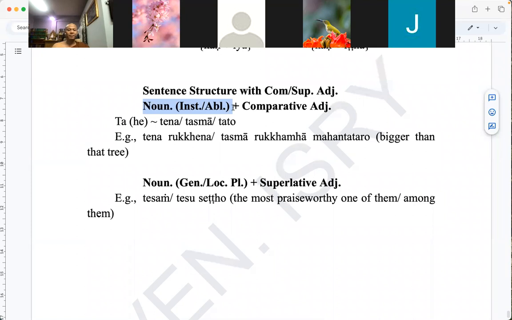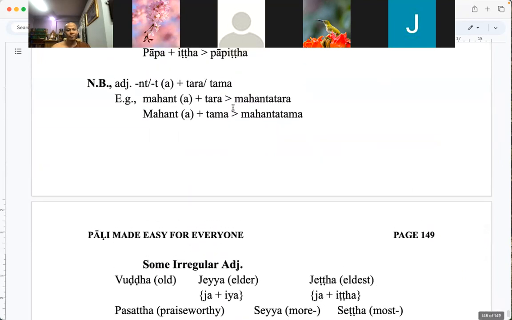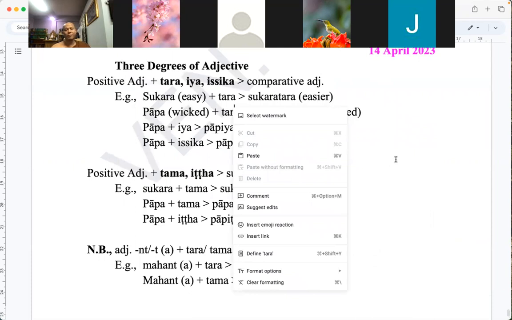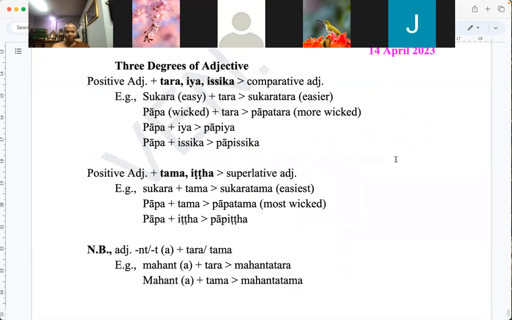And also the same situation, Bante, for example with the adjective pasattha, when we look into the dictionary, it's mentioned as past participle of praise, but not mentioned for the comparative. So how do we recognize it is the adjective of praiseworthy?